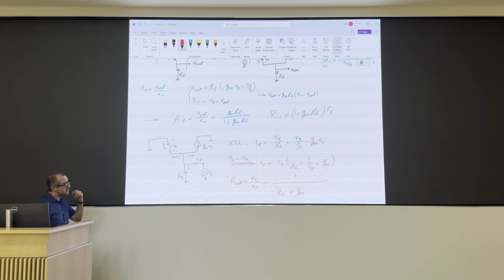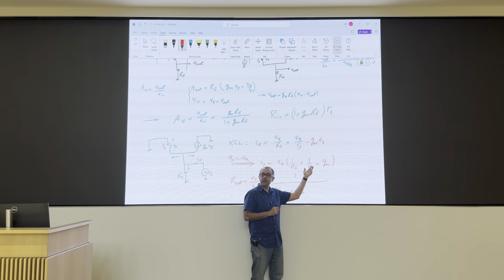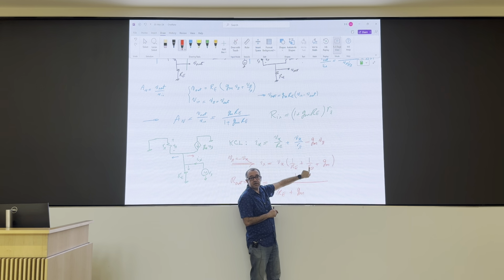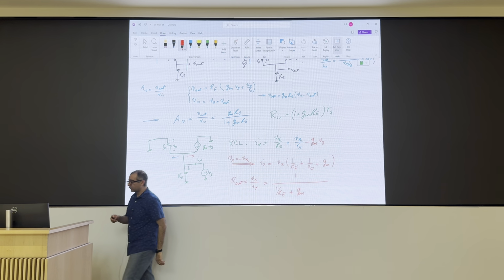And then I'm back to the same situation I had before. Gm plus 1 over R pi is just Gm, a 0.5% error, because R pi is beta over Gm. So I ignore it, so it's just Gm plus 1 over Re.